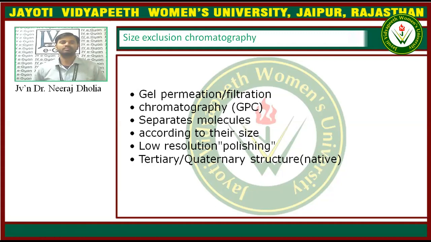According to pore size, the smaller molecules or cells will move fast and you will collect them earlier, and the molecules which have larger sizes will be separated out at the later phases. But it has low resolution, and polishing is needed.